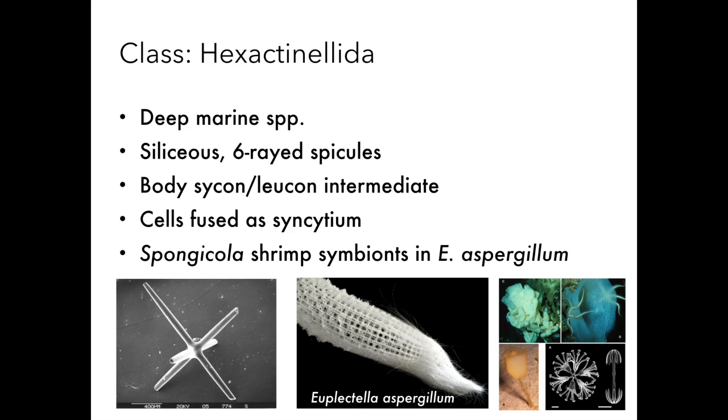So somewhat metaphoric for marriage is the Venus's flower basket, but a lot of other really interesting things going on with Euplectella aspergillum, as you will see in the next video.